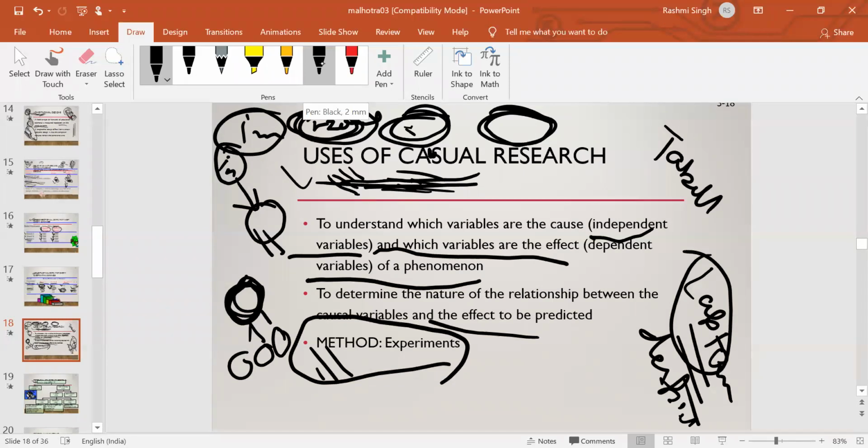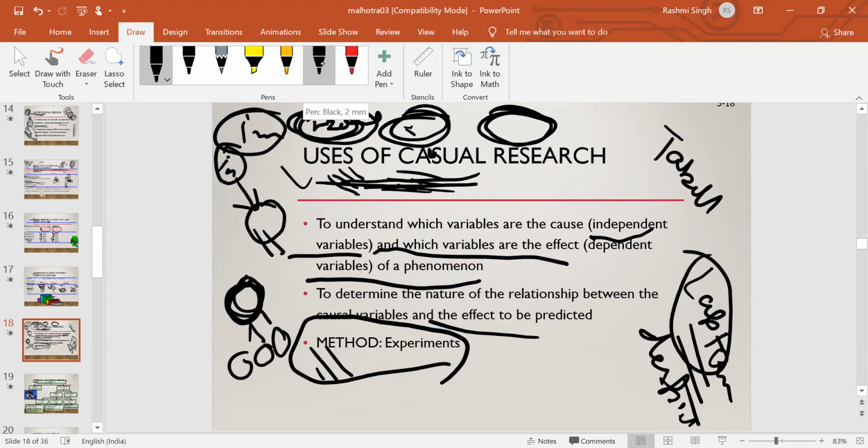Exploratory is basically when you are trying to explore something new, or you are trying to develop some new concept. Just as I said, I'm trying to develop a scale that will measure a particular destination as a gender, or that will consider a brand as a gender.